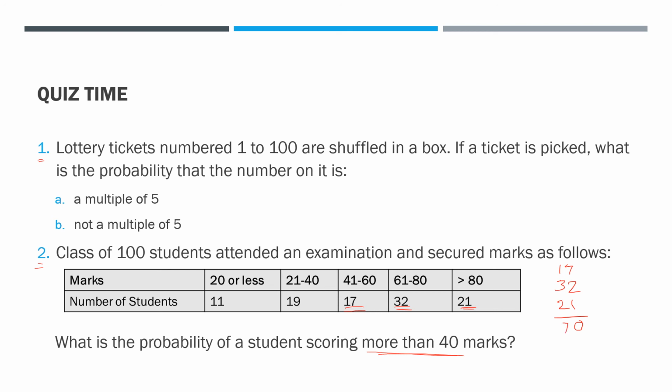All right, there are a total of 70 students who scored more than 40 marks. So the probability of a student scoring more than 40 marks: the total number of students is 100, and of that, 70 scored more than 40. This one I'll simplify: 7 over 10. Easy. All right, I hope you also got this answer right.